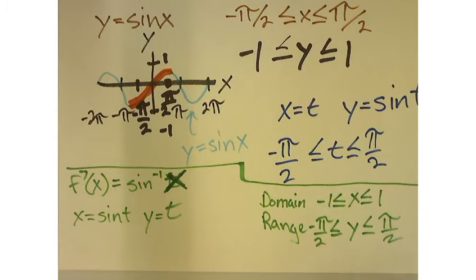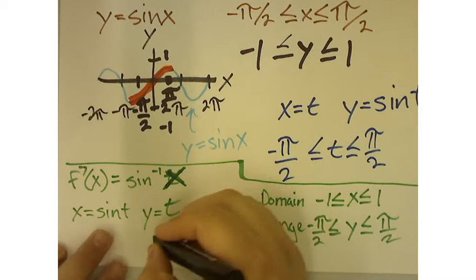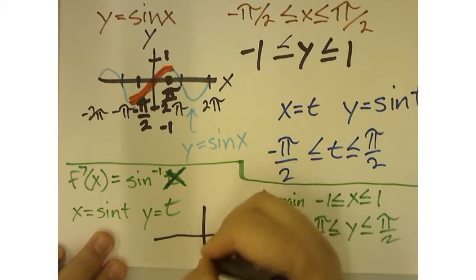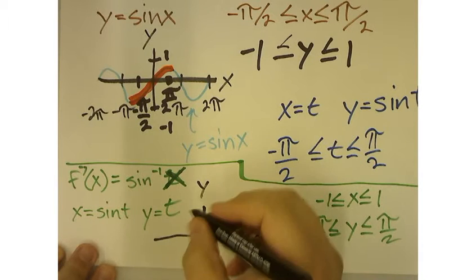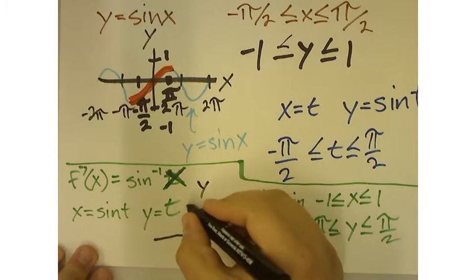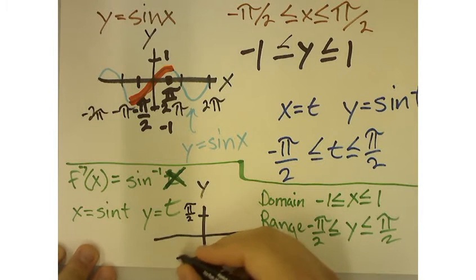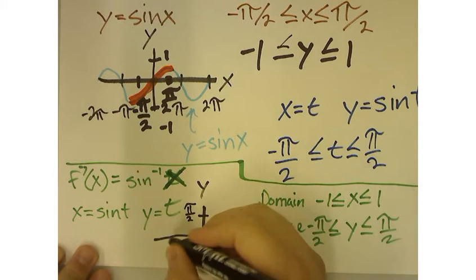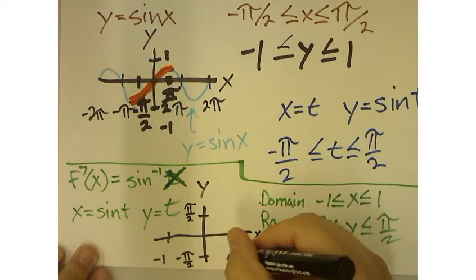And so if I have a range from negative pi to pi, let's just draw out our graph. Here is my y, here is my x. So my range goes from pi over 2 to negative pi over 2. And then my domain is from -1 to +1.